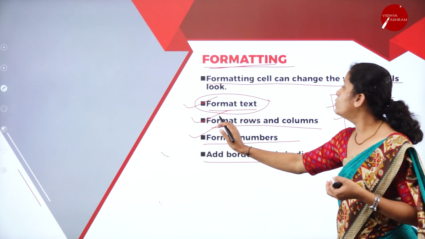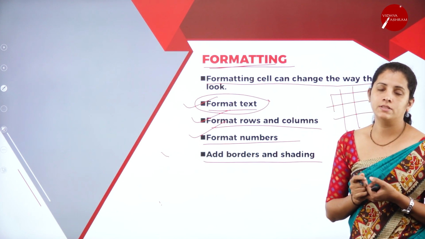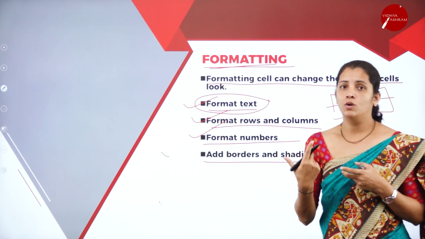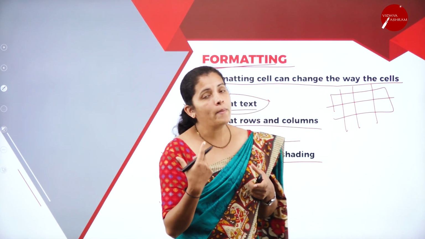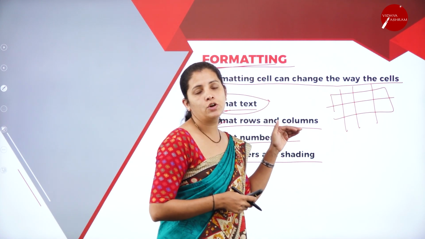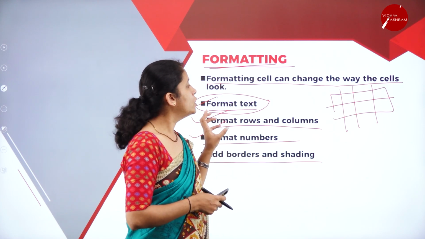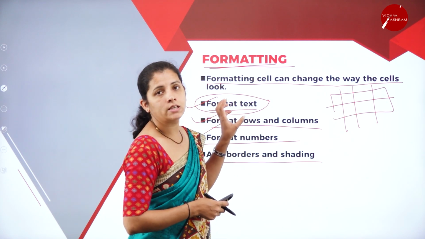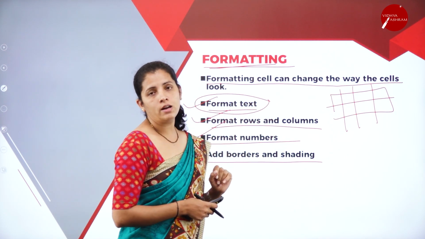And you're going to have format rows and columns. That means here you can format your rows as well as columns. To format your row, you can increase your row size, or you can decrease your row size, or you can modify your row size, etc. And that is the same for your column.